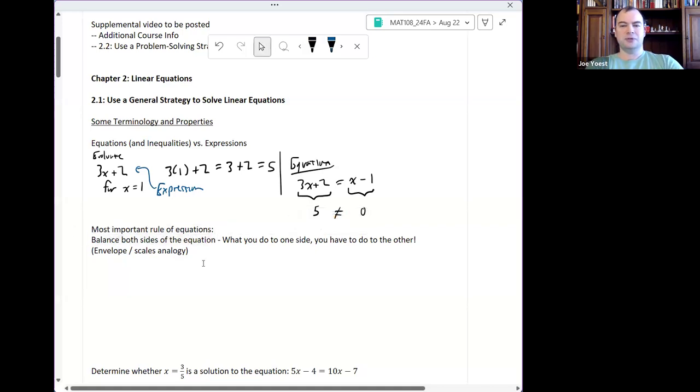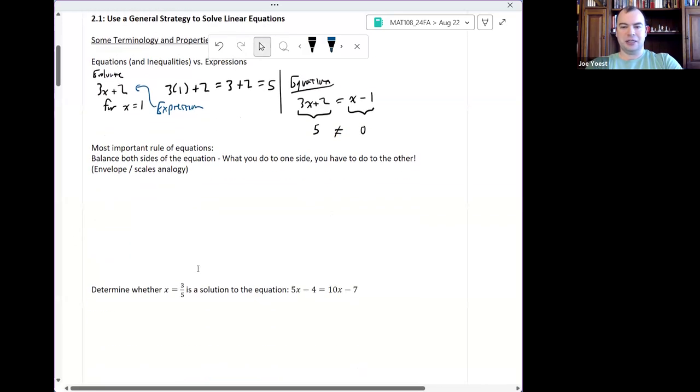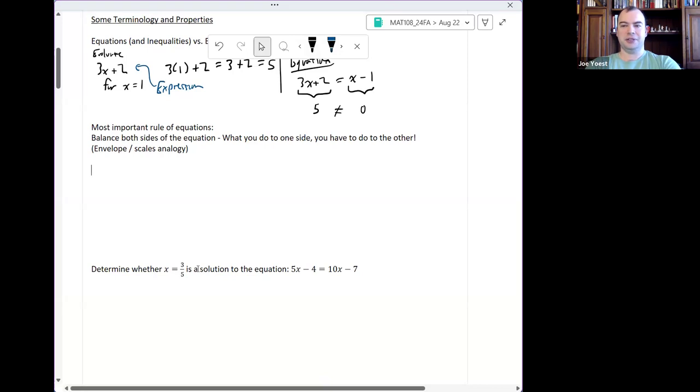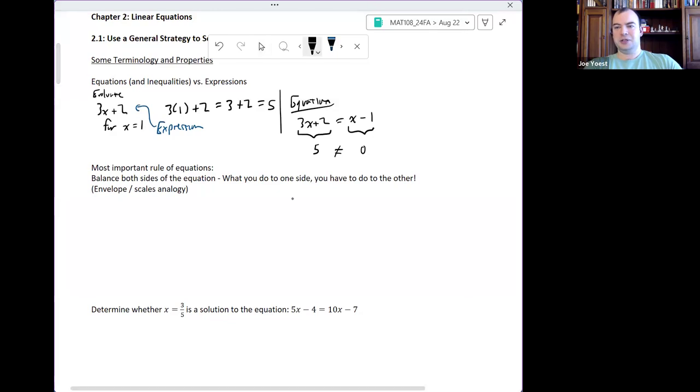The most important rule for equations is this idea of balancing the equation. So if I do make an assertion like this, if I say for the value of x that I'm interested in, the expression 3x plus 2 and the expression x minus 1 represent the same number, what value of x is that?